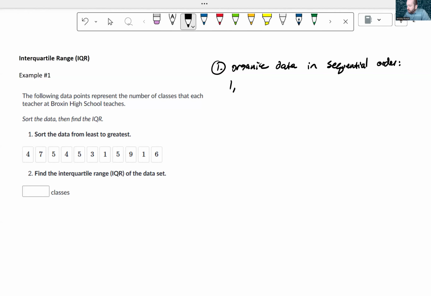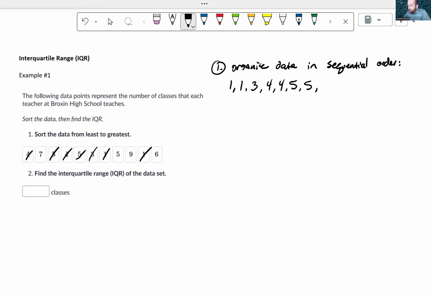Okay, so we've got one. We're going to cross these out as we go. There's no twos. Looks like we've got 3, 4, 4, 5, 5.